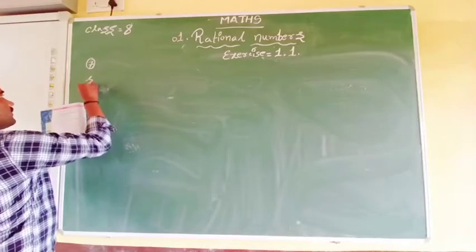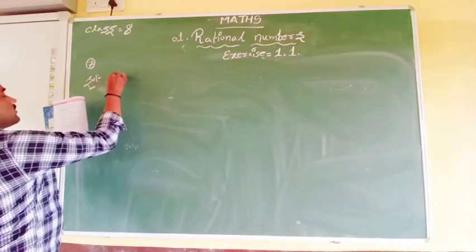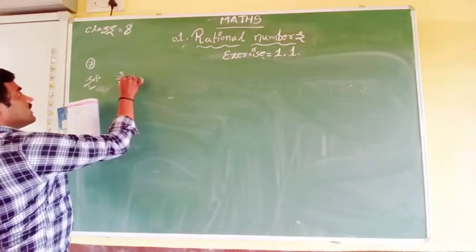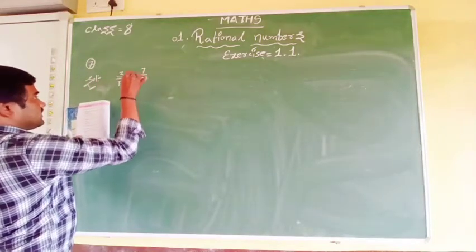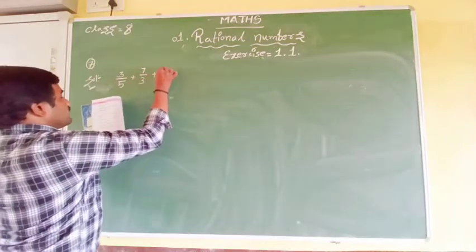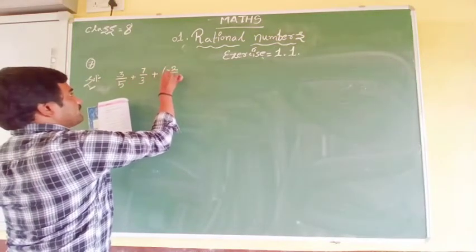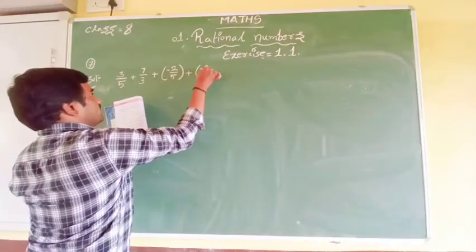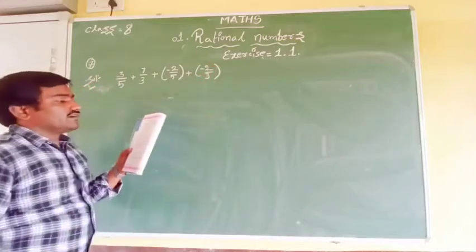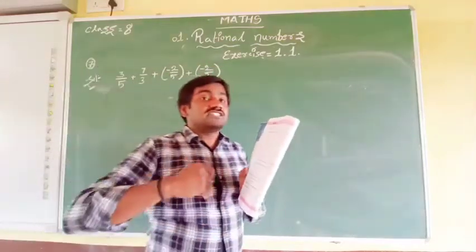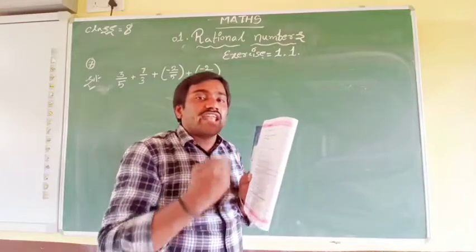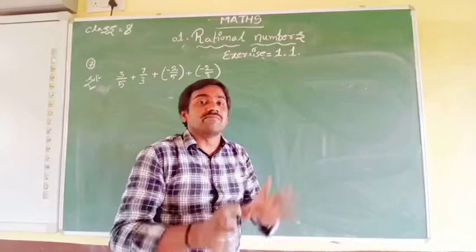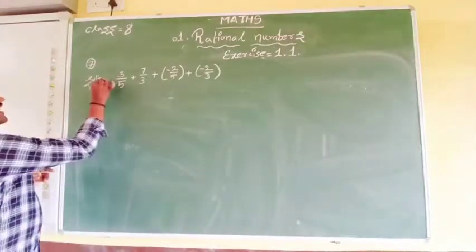See, 3 by 5 plus 7 by 3 plus minus 2 by 5 plus minus 2 by 3. After rearrangement, that means simplify after rearrangement. There will be some arrangements required to solve this problem. Very easy method.